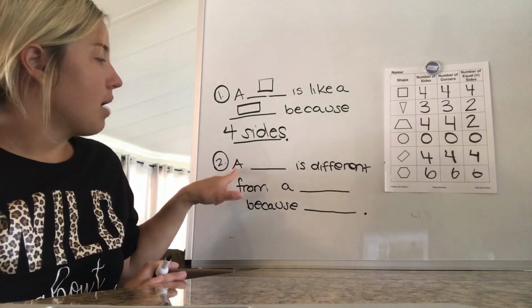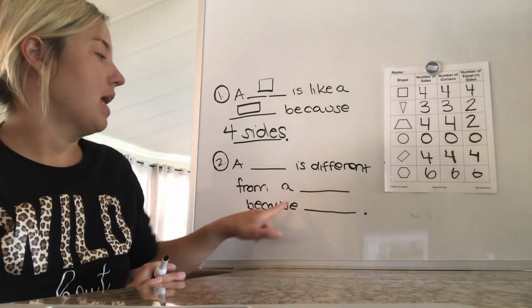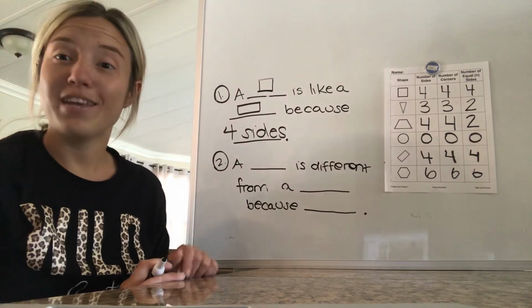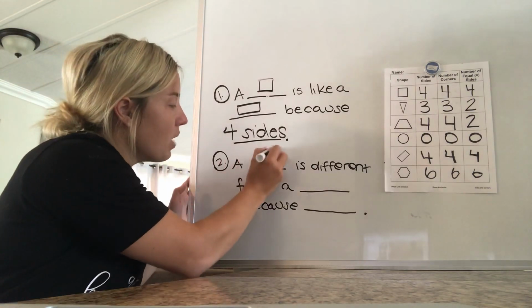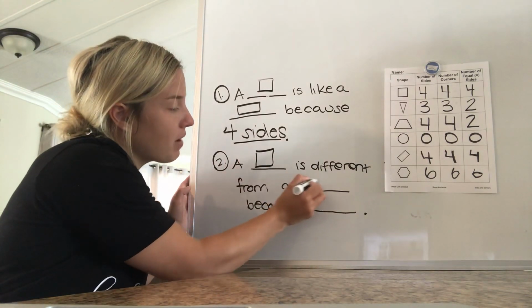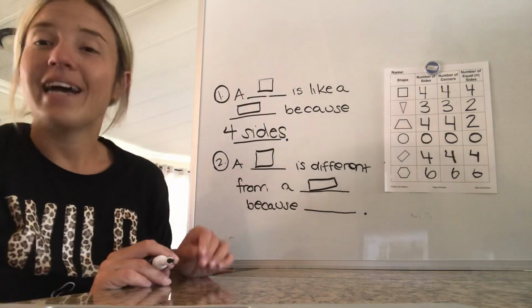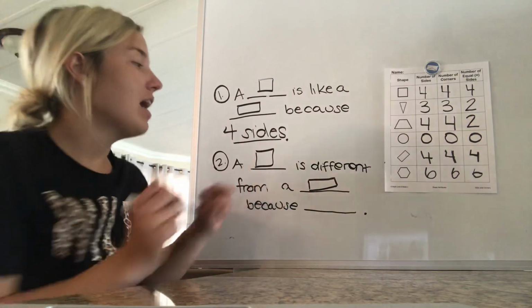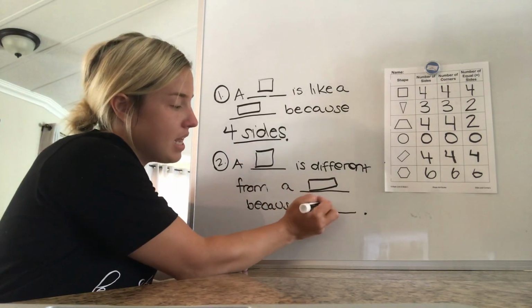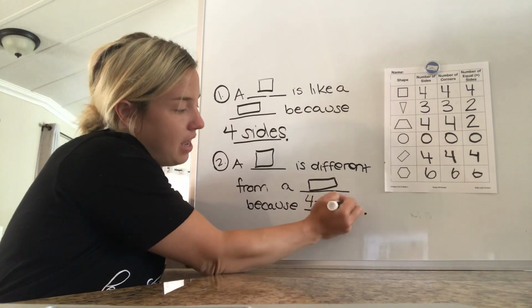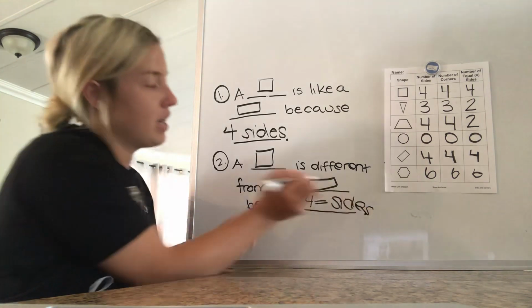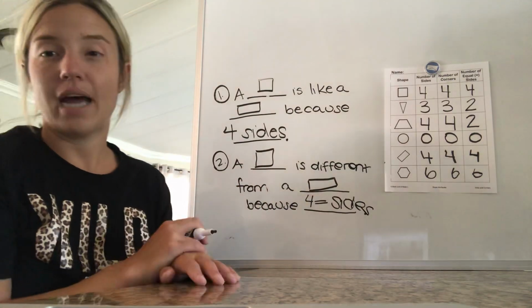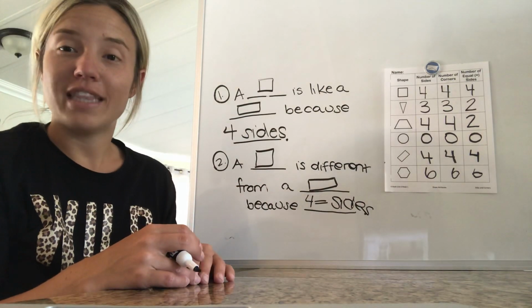And then down here, a blank is different from a blank because blank. So, ooh, I can use the same one. A square is different from a rectangle because a square has 4 equal sides, right? And a rectangle has 2 short and 2 long. They're not all the same size. So you guys could go ahead and answer it that way.